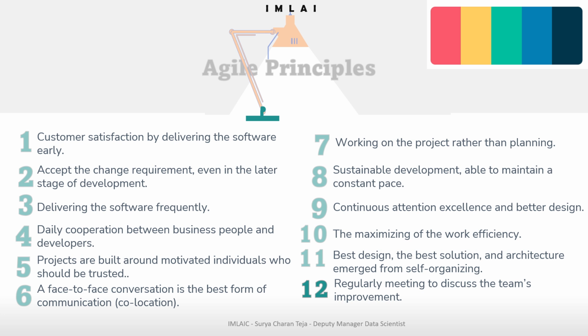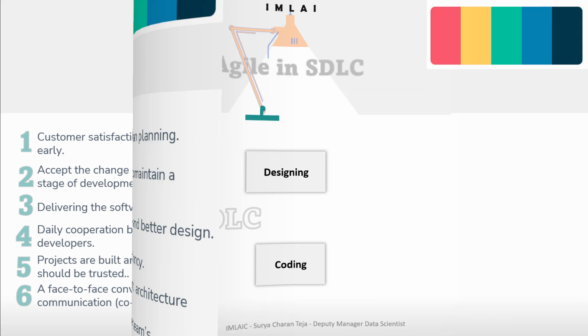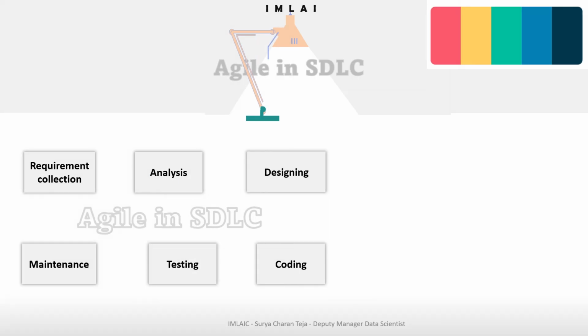So with this, we'll wrap up the agile principles and we will move on to the agile methodology and how it works exactly. We'll see the sub stages or phases of agile in SDLC.